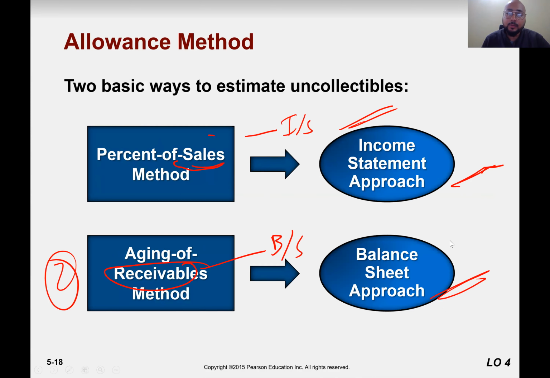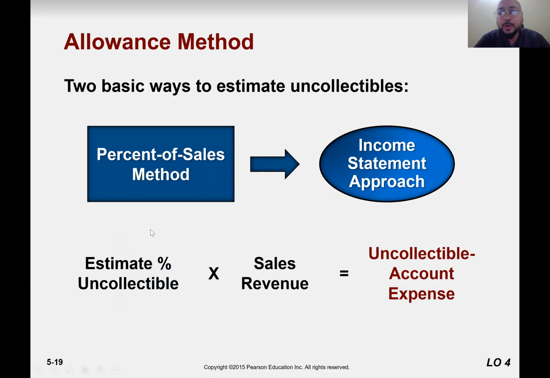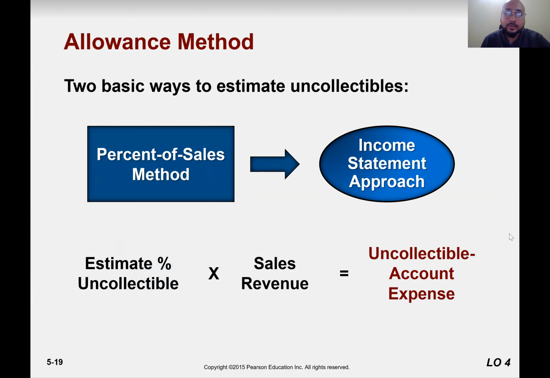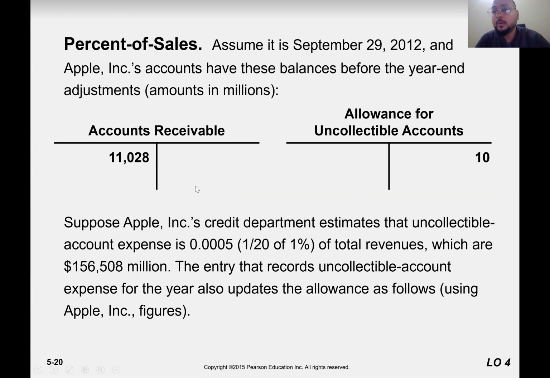So let's talk about this. What is percentage of sale method? Simple. You estimate a percentage and multiply it with the sale revenue. This is the uncollectible account expense. So assume that it is September 29, 2012, and Apple Incorporation accounts have these balances before the year-end adjustments.